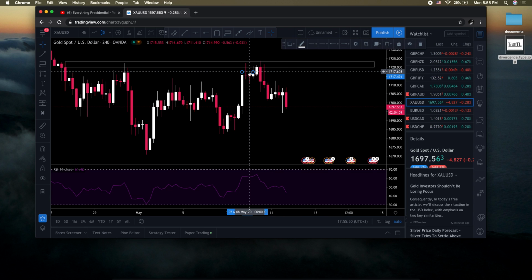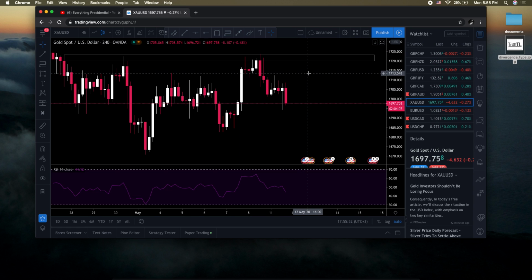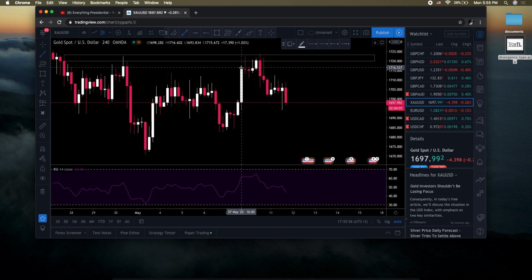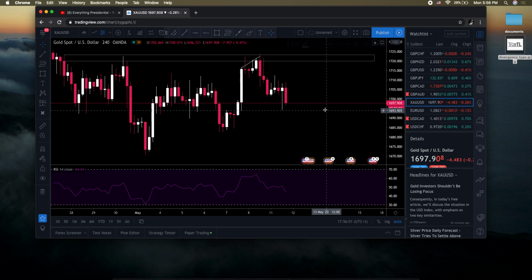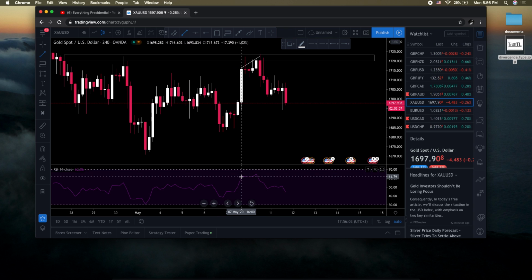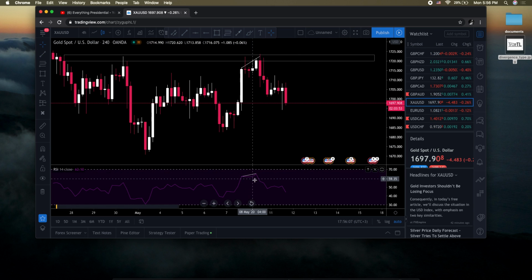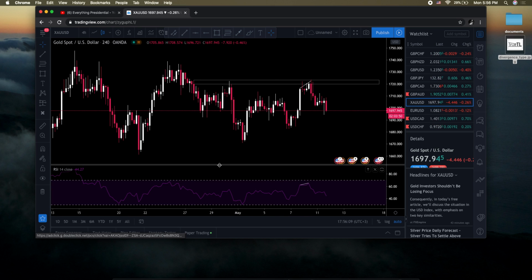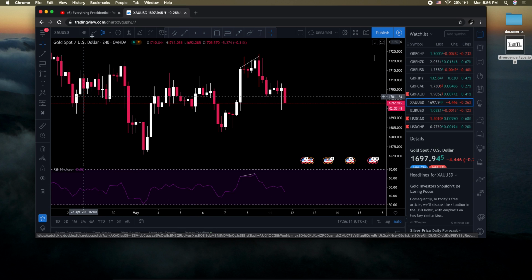So I was looking at the market, and you can see before the market fell, it was making equal highs, and then it started making higher highs. But on the indicator, you can see clearly the market is not making higher highs. It's relatively making equal highs. This is on the 4-hour time frame, by the way.